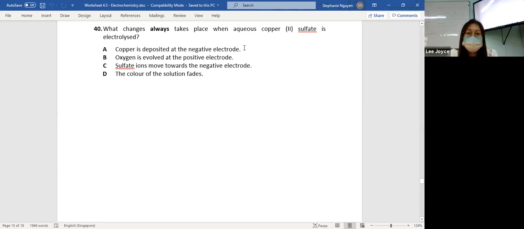So that's why this statement is always true, regardless of the types of electrodes that you use. So to decide what type of product we get in the electrolysis, the type of electrode used is very important.